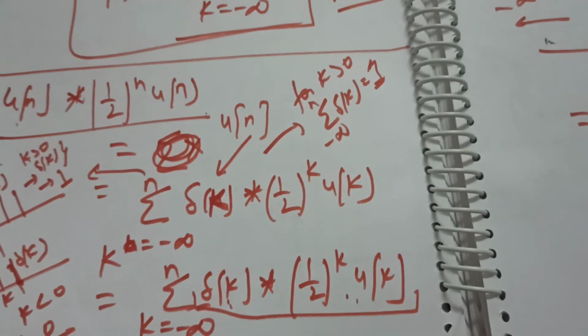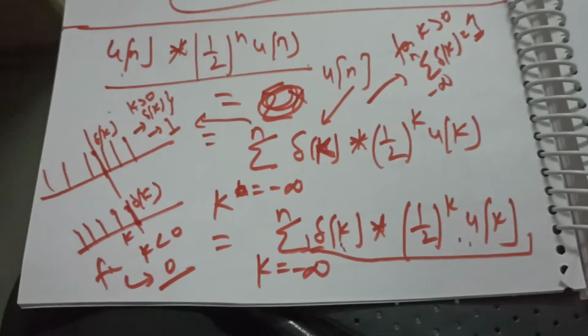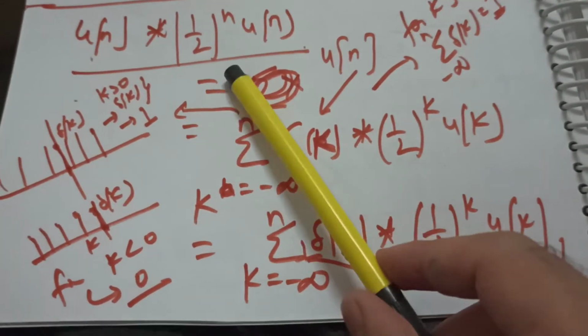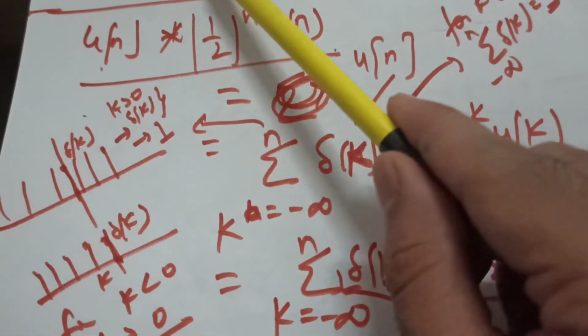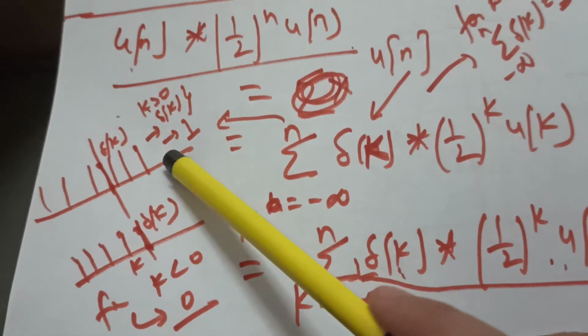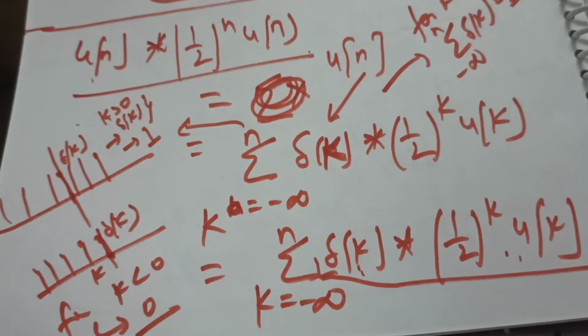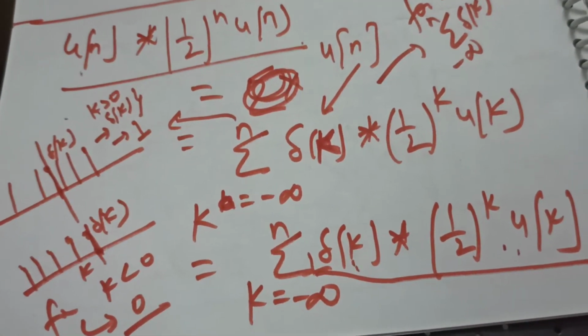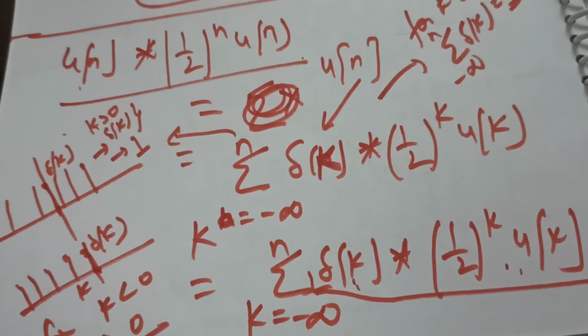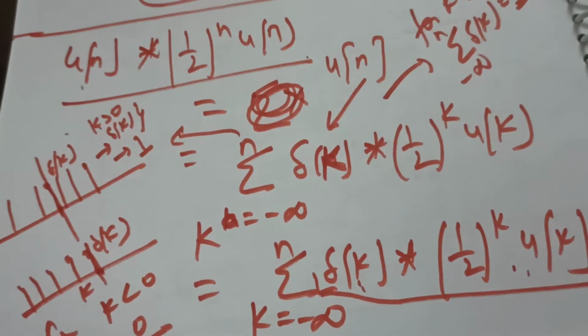This is visible here. When it is greater than 0, it is involving n equals 0 in its domain, in its form.